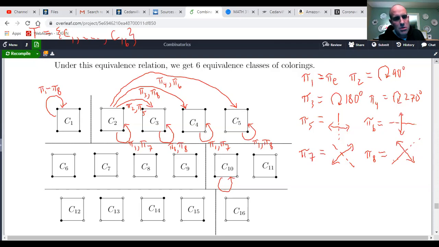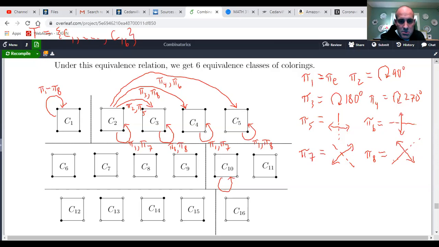Well, probably if the pattern persists, look at the equivalence class that had the coloring C1. There were 8 total things. The entire group fixed that thing, yes? So the number of things in that equivalence class times the number of things that fixed it is equal to 8, the size of the group.